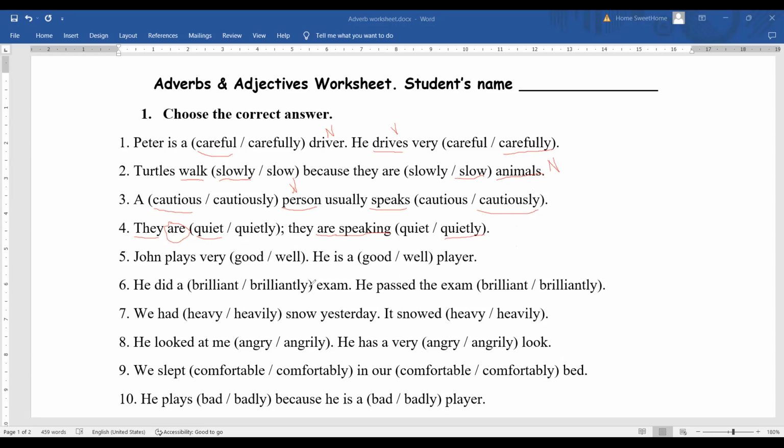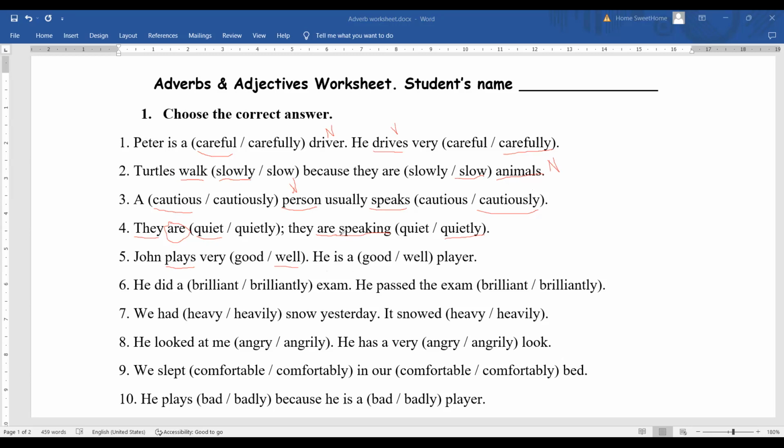Well, now you know that good is an adjective and well is an adverb. That's why we need an adverb. We are describing not John, we are describing the way he plays. He plays, so we are describing the verb, very well.